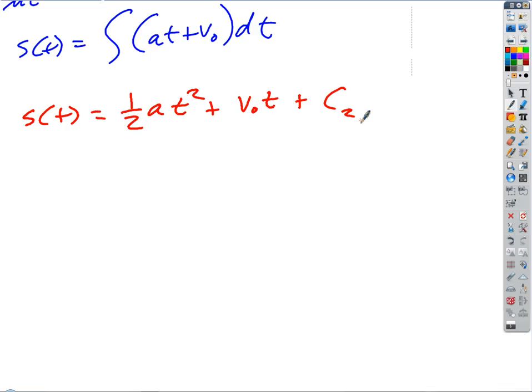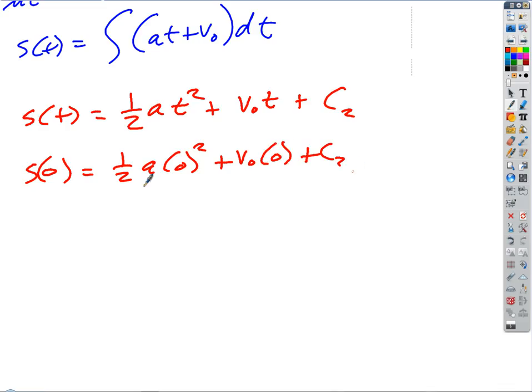Okay, but we can do the same trick. If we just evaluate this whole thing at 0, we get 1/2 a times 0 squared plus v naught times 0 plus c2. And so what's the meaning of our second constant? What's that mean, s of 0?